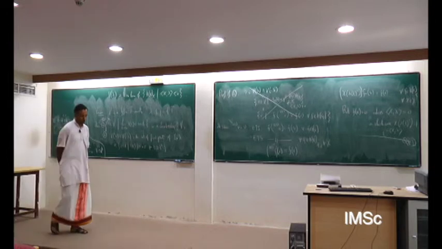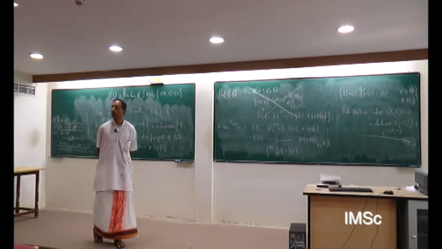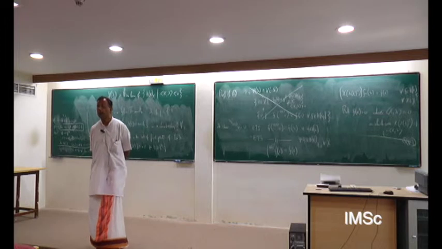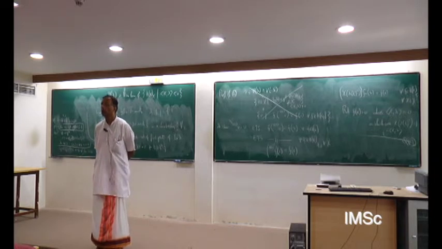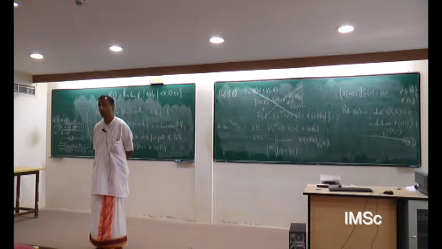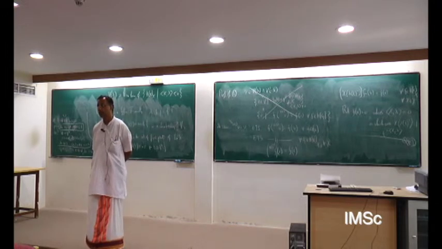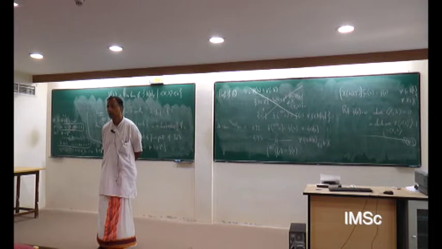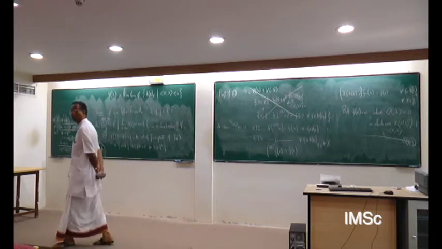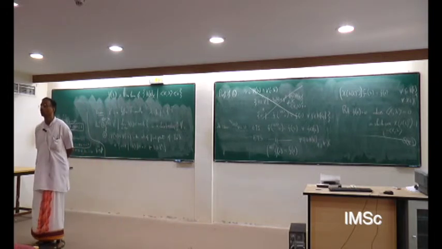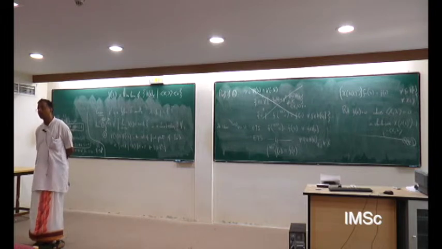Roughly it goes like this. If you have a character, it must be the identity on a unipotent element, right? Because where will a unipotent element go? It has to go to a unipotent element of the image, but there is only one.